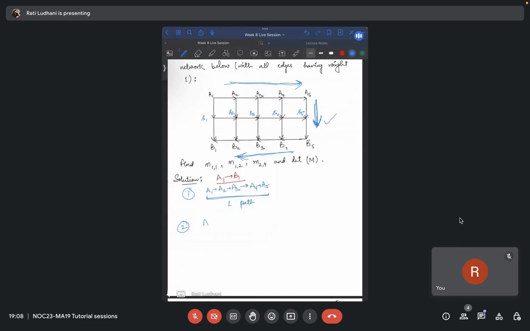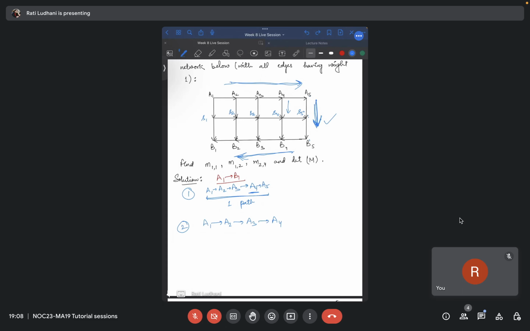Now you take A1, A2, A3 and A4. Now you stop at A4. You are not going to A5, because you have already considered the A5 part. If you eliminate the option to go to A5, then the only option is to go downward from A4.